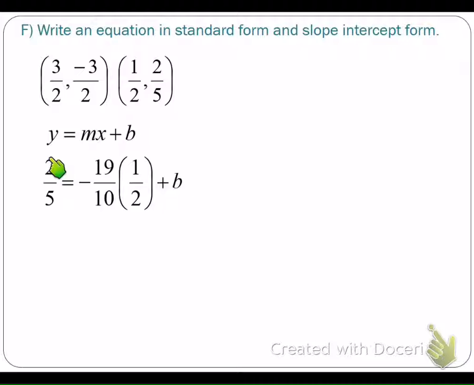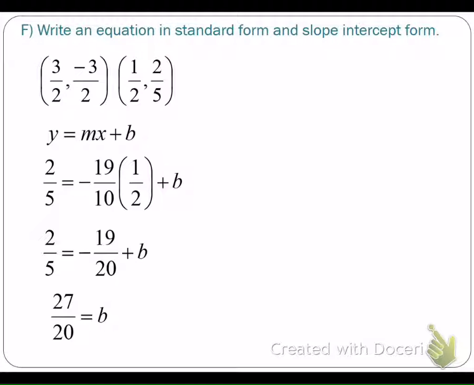So 2/5 is my y, equals my m, which is negative 19 tenths. I found that on the previous slide. My x is 1/2. I'm going to multiply these. So this is going to be negative 19 over 20. Add 19 over 20 to both sides.